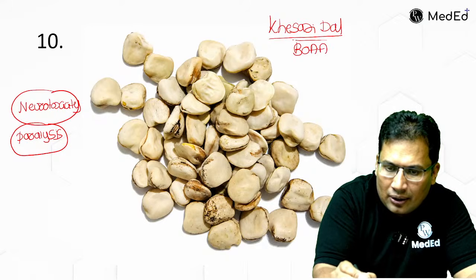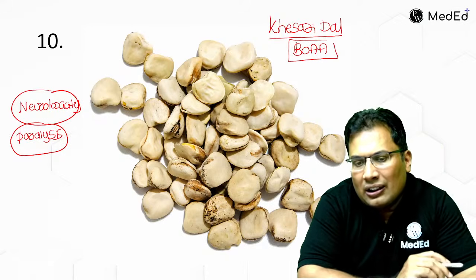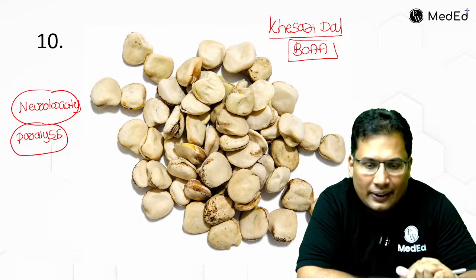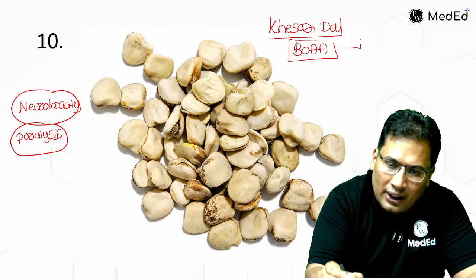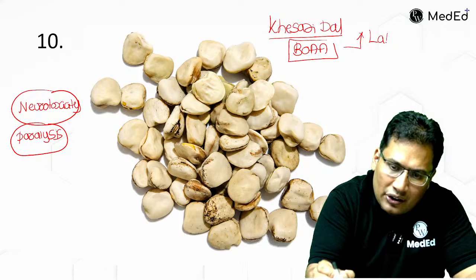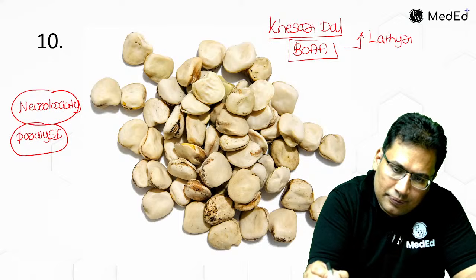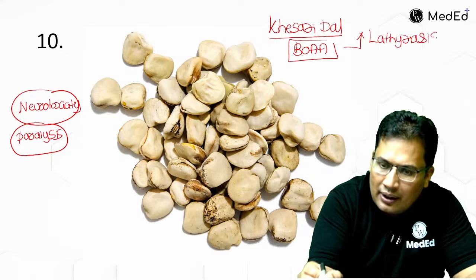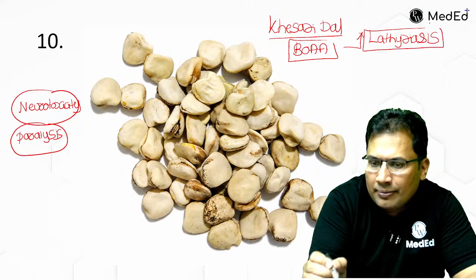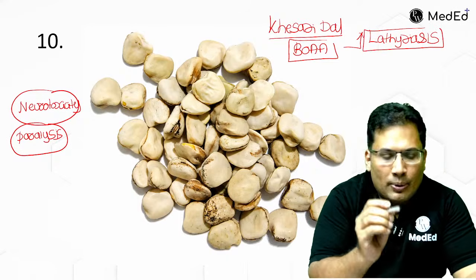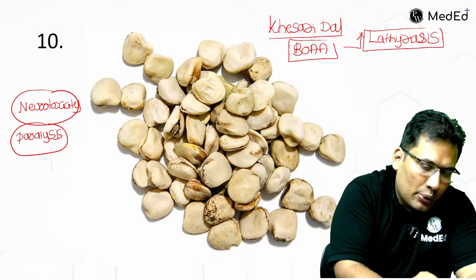Kesari dal. The toxic principle is BOAA, beta oxalyl amino alanine, which leads to a condition known as lathyrism. And try to memorize one more very commonly asked question.